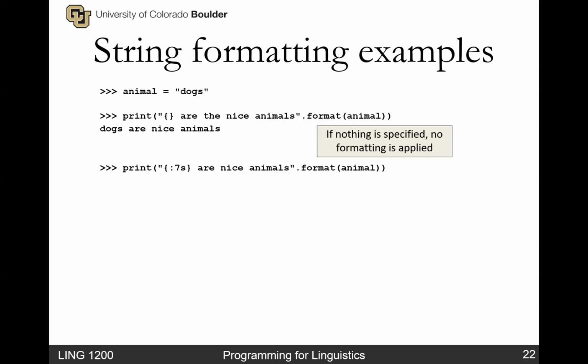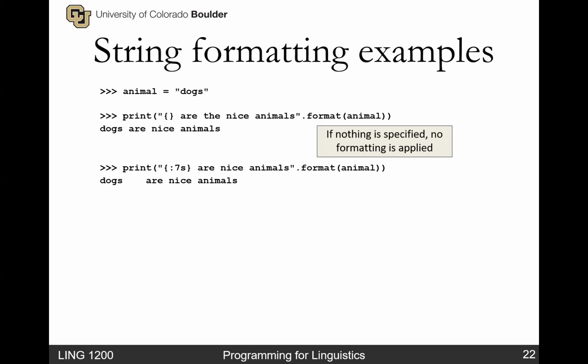However, we can do some fancy stuff. So here, very similar to what we've seen before, we've got a colon 7 and then the S to specify that we're working with a string, which indeed we are. Dogs is a string. And it's going to do something very similar to what we've seen. In this case, it's going to pad the spaces to the right between the two words.